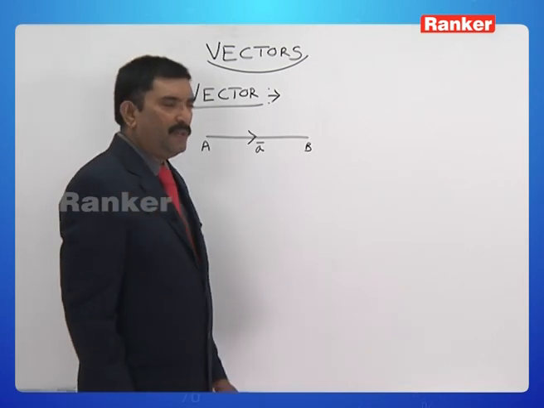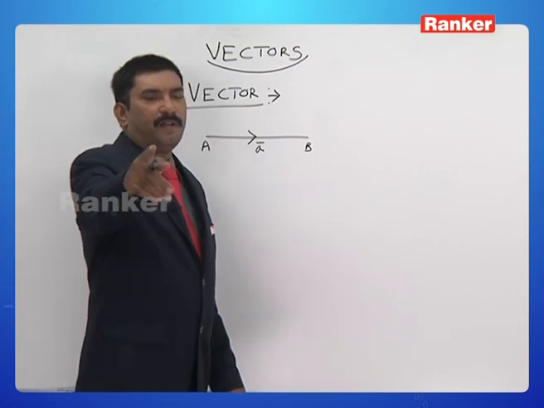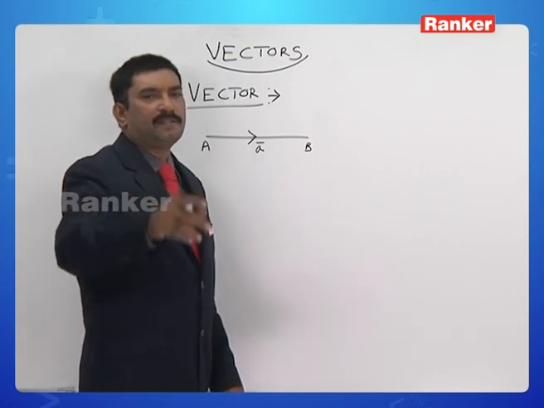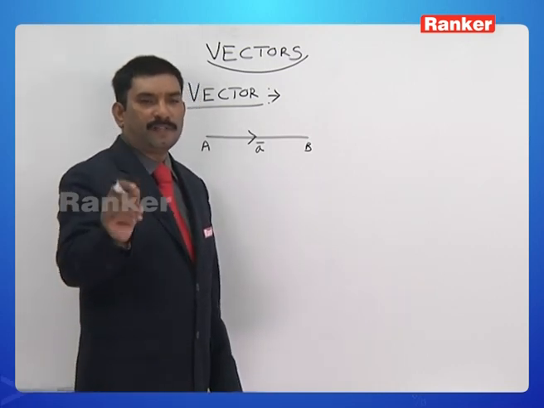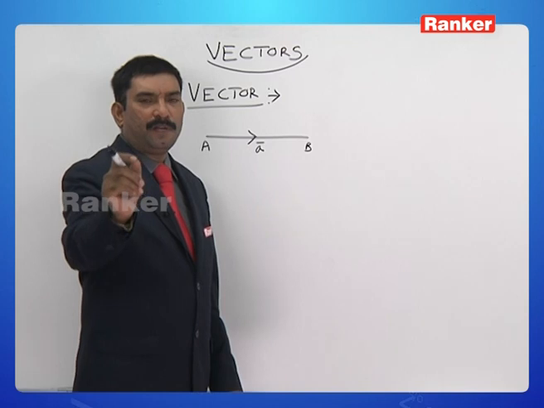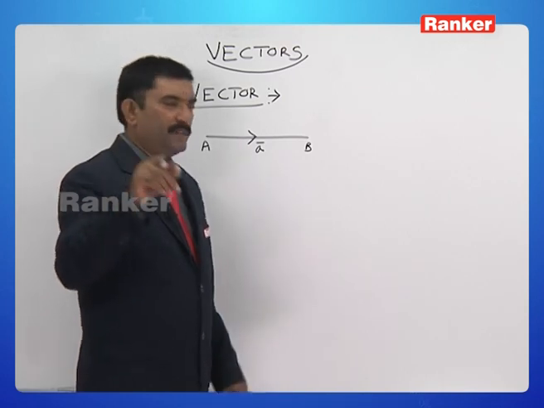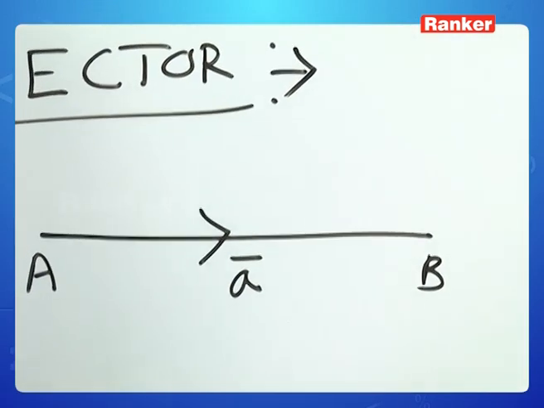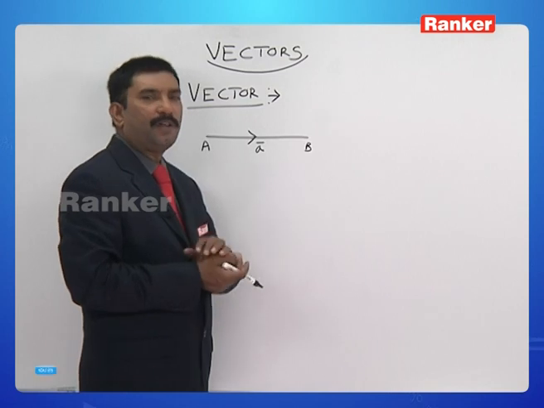So every vector is denoted by a directed line segment, the distance between these 2 points, carrying an arrow mark.